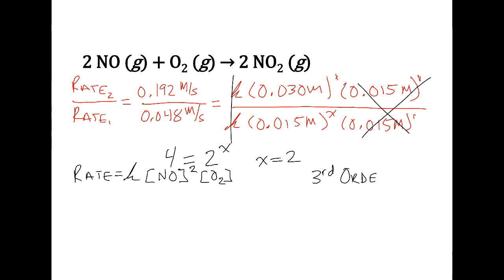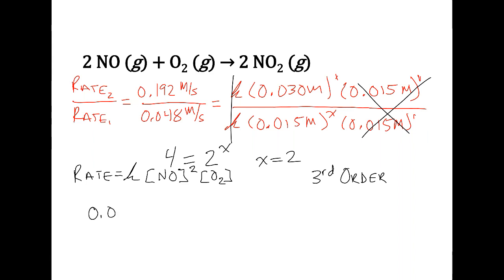So the last thing we have to do is to go ahead and go through and calculate the rate constant. So to calculate the rate constant, you just pick your data from one of the trials and you plug it in. So let's go ahead and use trial 1.